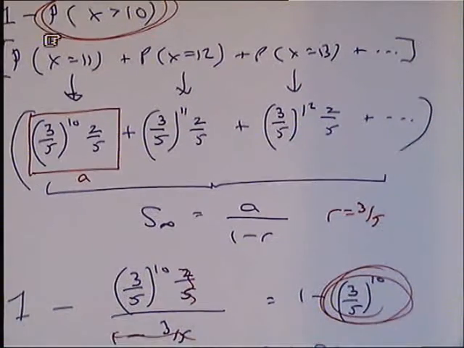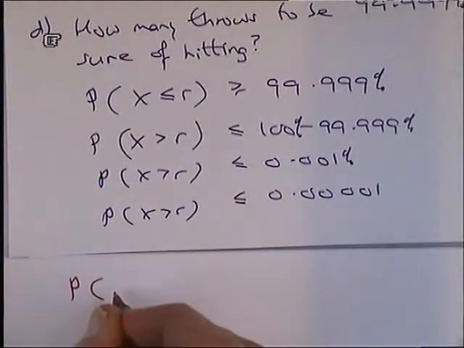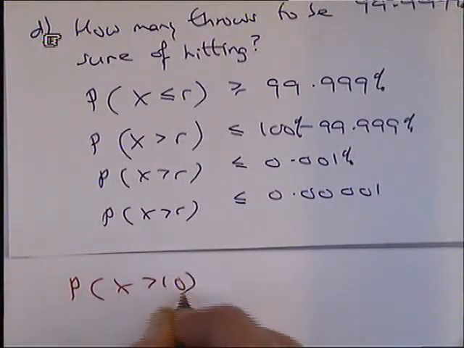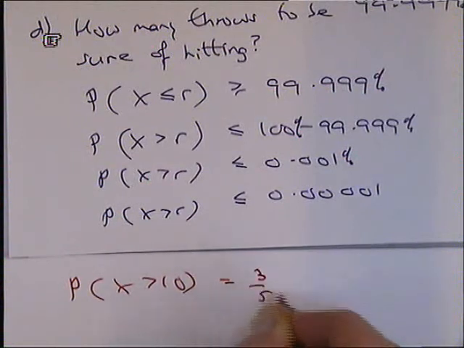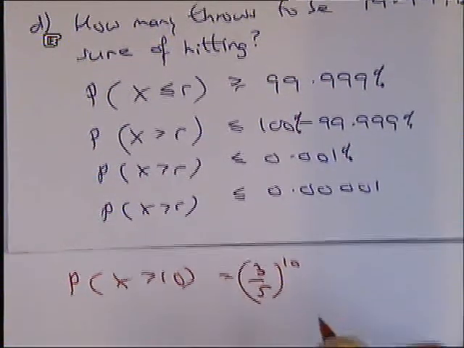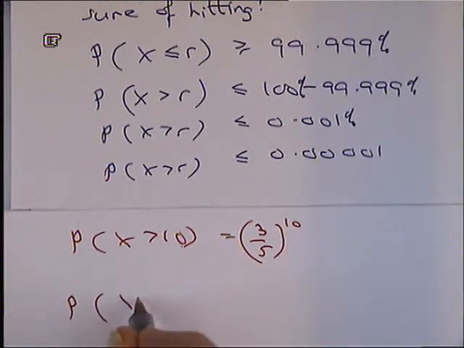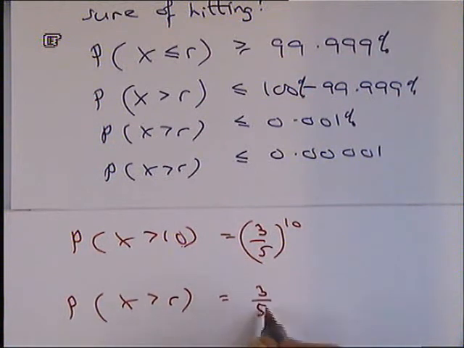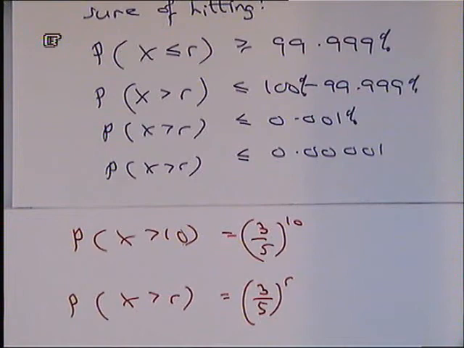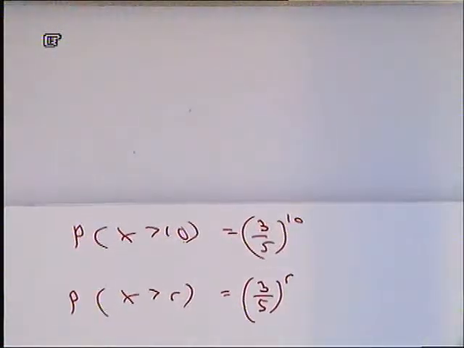So from previously we had the probability X was greater than 10 was 3/5 to the power of 10. In this part of the question, that 10 has become an R. So the probability it's greater than R is going to be 3/5 to the power of R. That's just using a result that we had earlier on in this question.